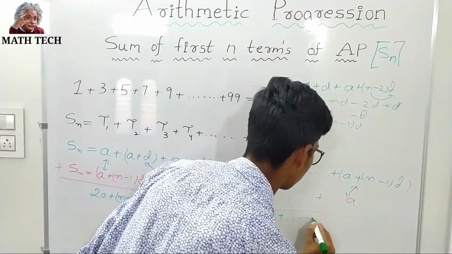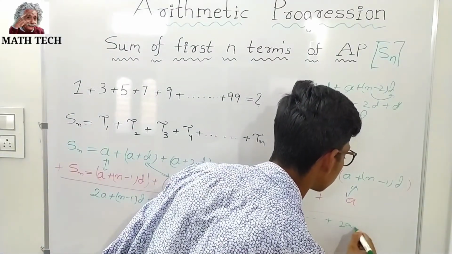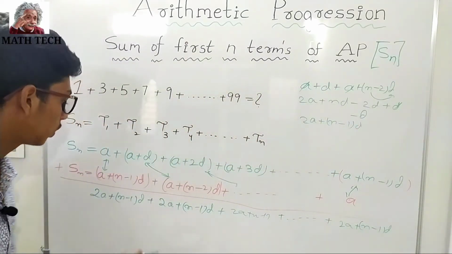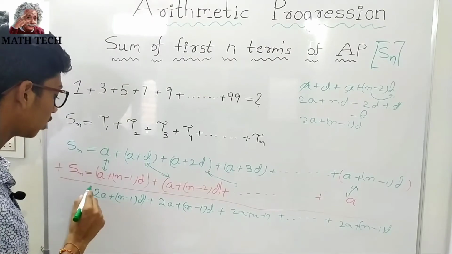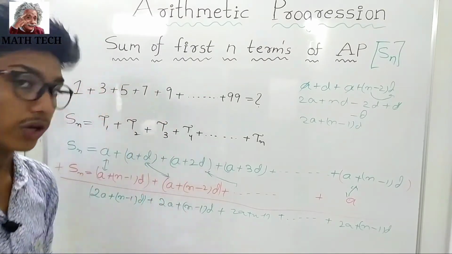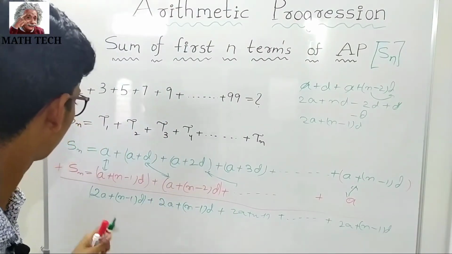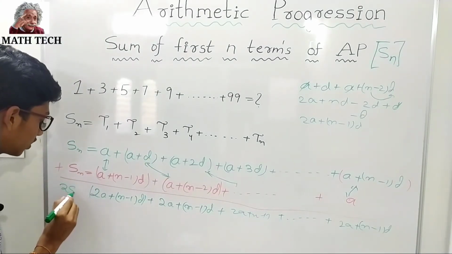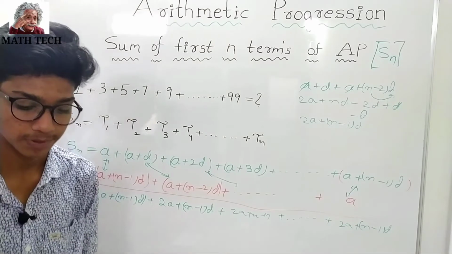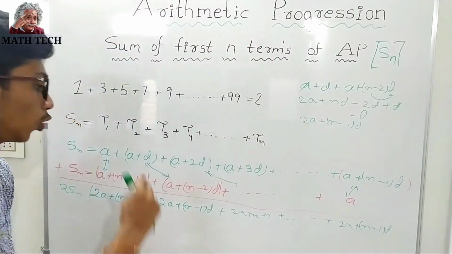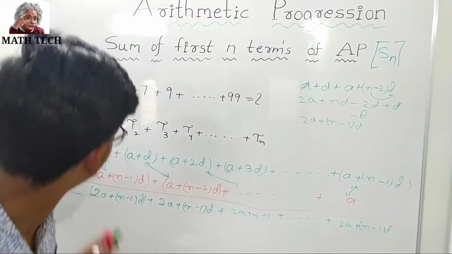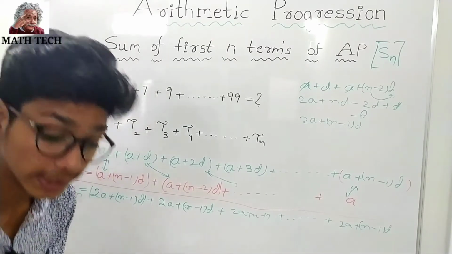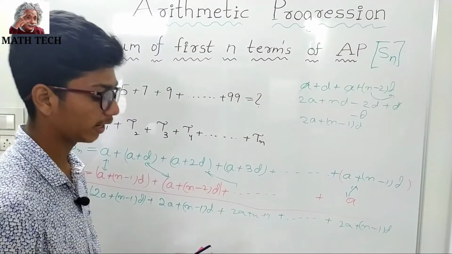So the nth term is 2a plus n minus 1 into D. You will get all the same values, 2a plus n minus 1 into D. Now, Sn plus Sn will become 2Sn. So now let's find the value of Sn, that is the sum of n terms of AP.